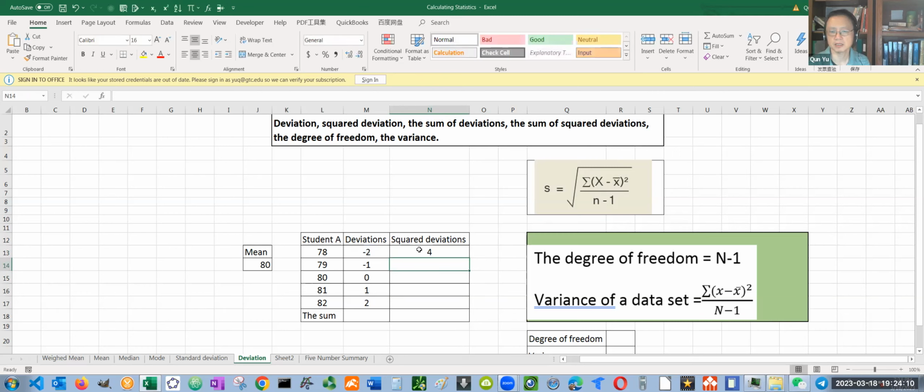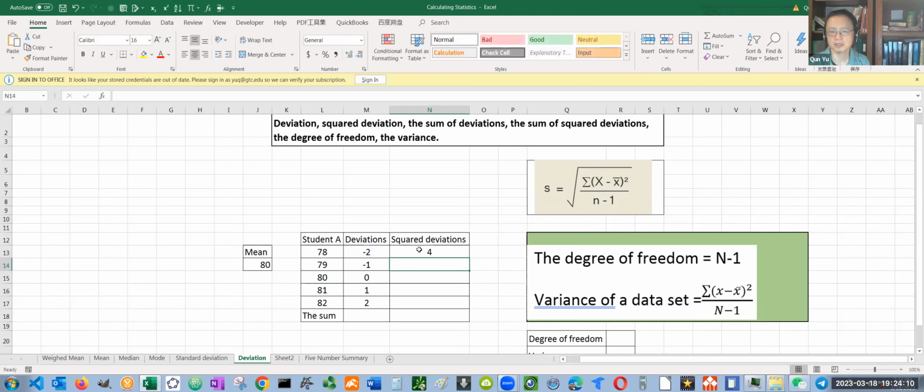The reason it is 0, actually, we don't need to add them together to know it is 0, because the mean of a data set represents the average, which means the middle value of the whole data set. If the mean is in the middle, half of the data set will be smaller than the mean, half of the data set will be higher than the mean.